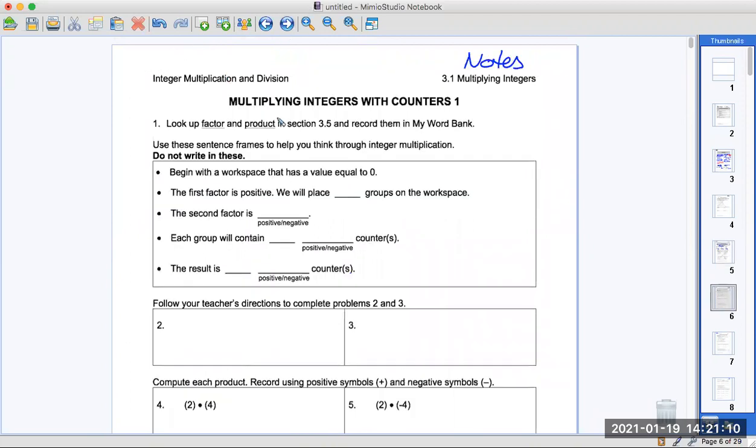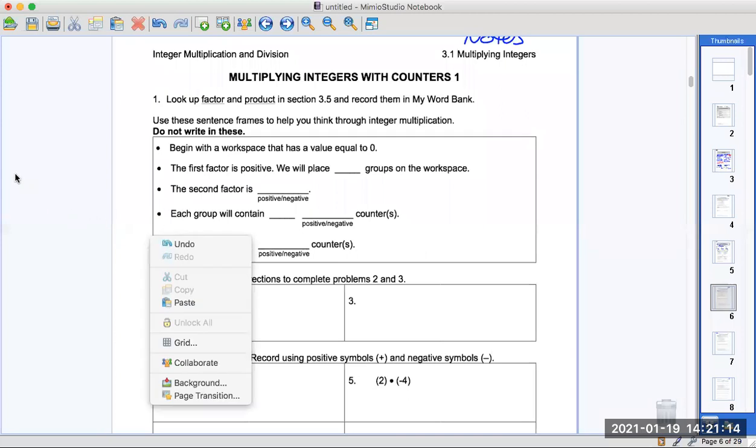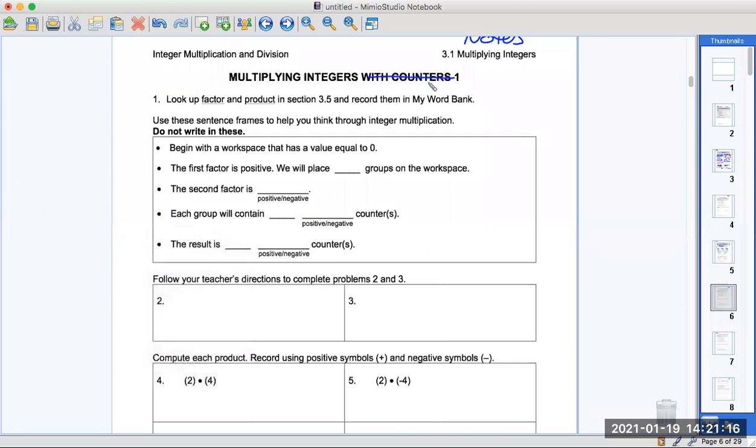The next page is notes. Again, I'm not using counters, so you can cross out anytime you see the word counter. And we're also skipping this, so cross that out. This is where your most important information is for this lesson.